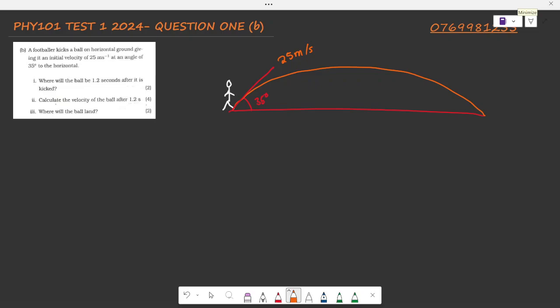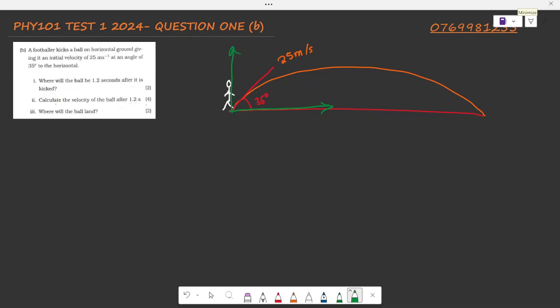So before we even start looking at what we're being required to solve, the best thing we should do is resolve this velocity into its components. We know that this velocity has a horizontal component and also a vertical component.